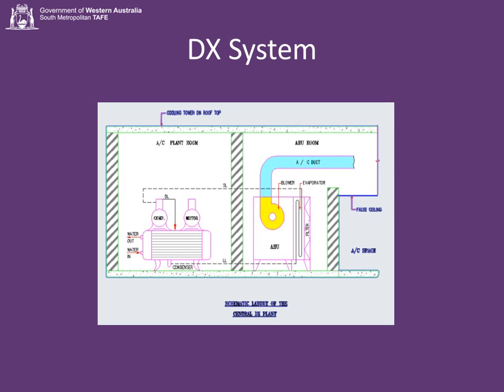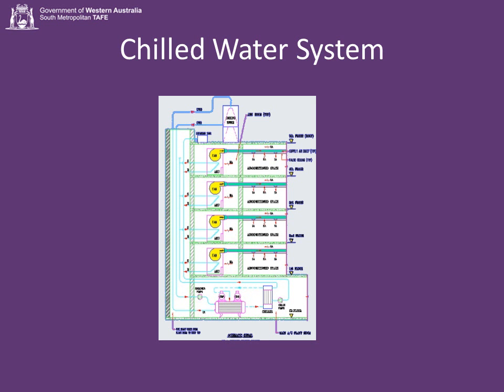If we have the evaporative coil inside of the duct itself, rather than cooling water, for instance, then we call it a direct expansion system, or DX for short. A chilled water system, on the other hand, the refrigerative system cools water to about 5 or 6 degrees Celsius, and then we pass that water around the system.